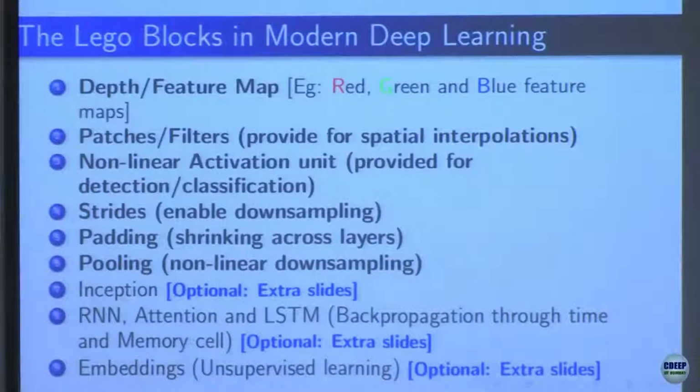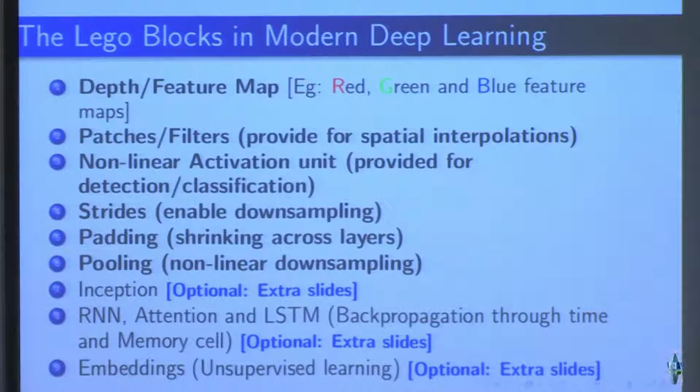So recap that we discussed some Lego blocks in modern deep learning. I mean, these are really Lego blocks. A lot more has happened ever since they came up. We talked about the depth feature map, the red, green and blue channel, and in general it's good to keep in mind this view.